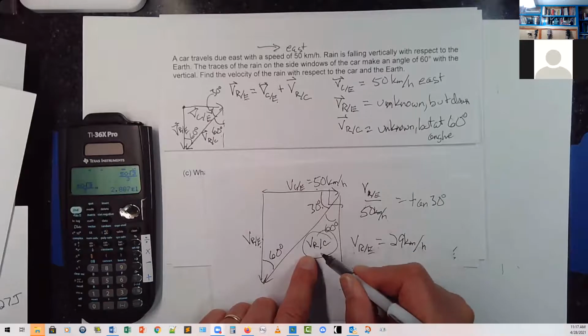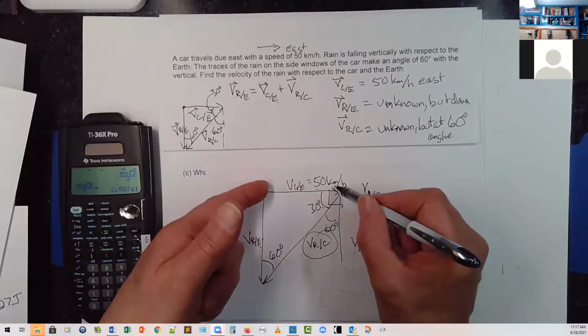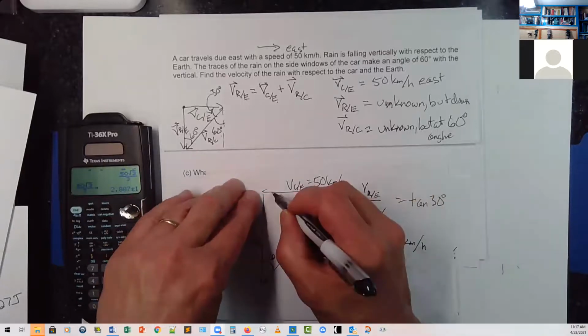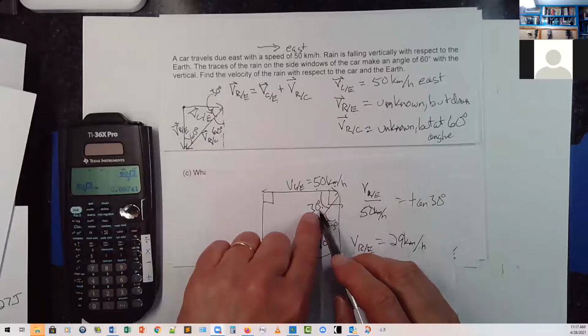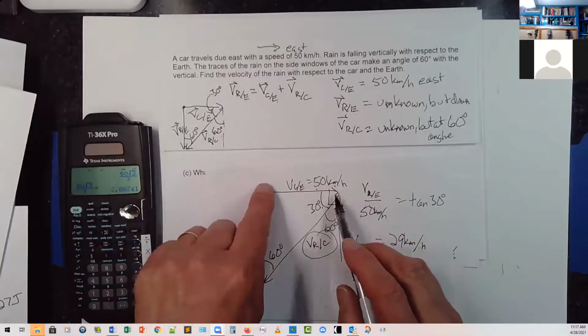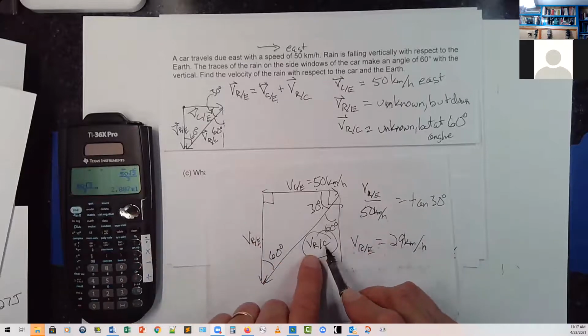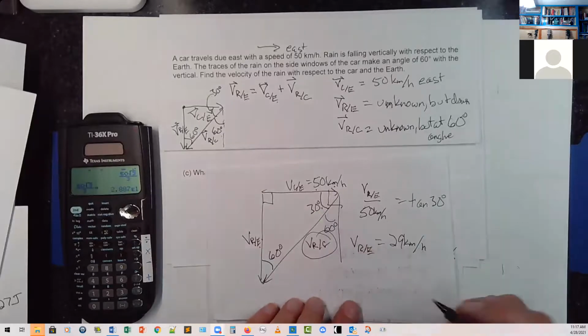Well, in that case, I can do this. This is a perpendicular angle. This is the side adjacent to my 30-degree angle. This is the hypotenuse. And adjacent divided by hypotenuse is the cosine of 30 degrees.